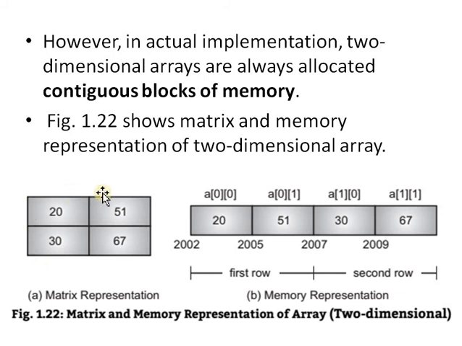The matrix representation is shown here. Two-dimensional array 20, 21, 30, 61. The A array's values are represented in matrix form. This shows the matrix form of the A array, and this shows the memory representation of the A array.